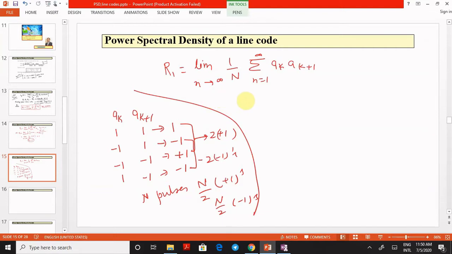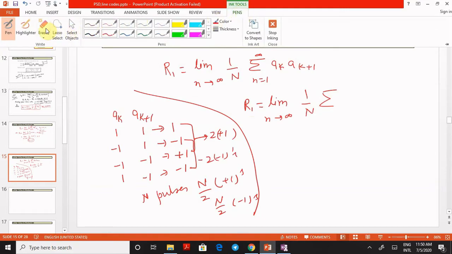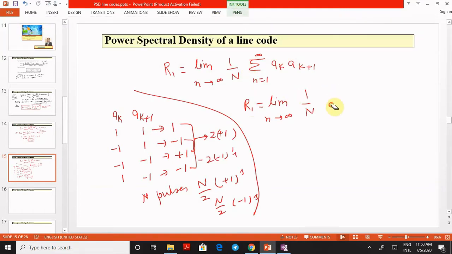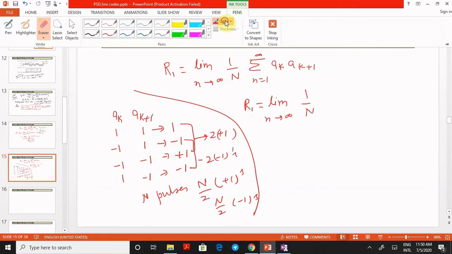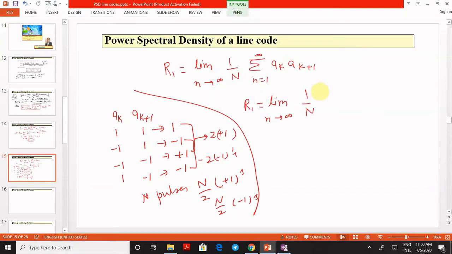Now we can write down the value of R1 as limit n tending towards infinity 1 upon capital N summation of, we can simply remove this summation now, and directly write down the value of the summation. We know that the summation will move up to capital N pulses.